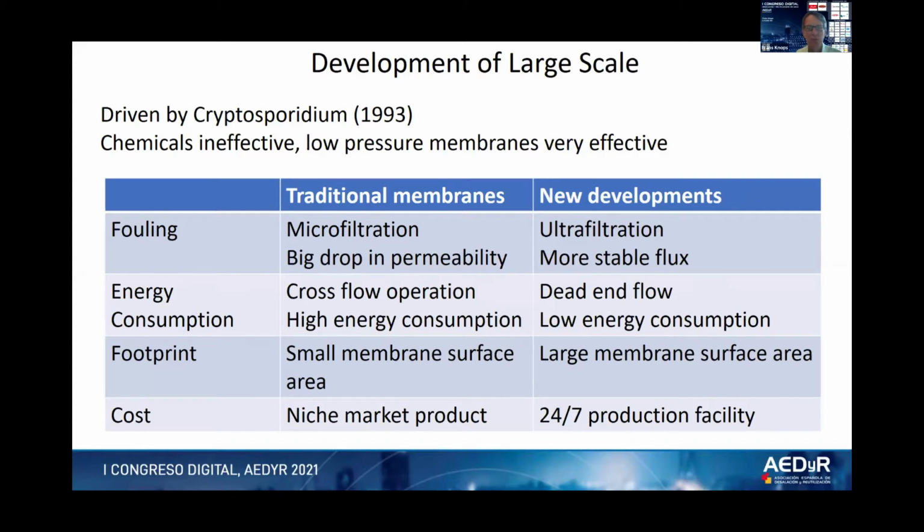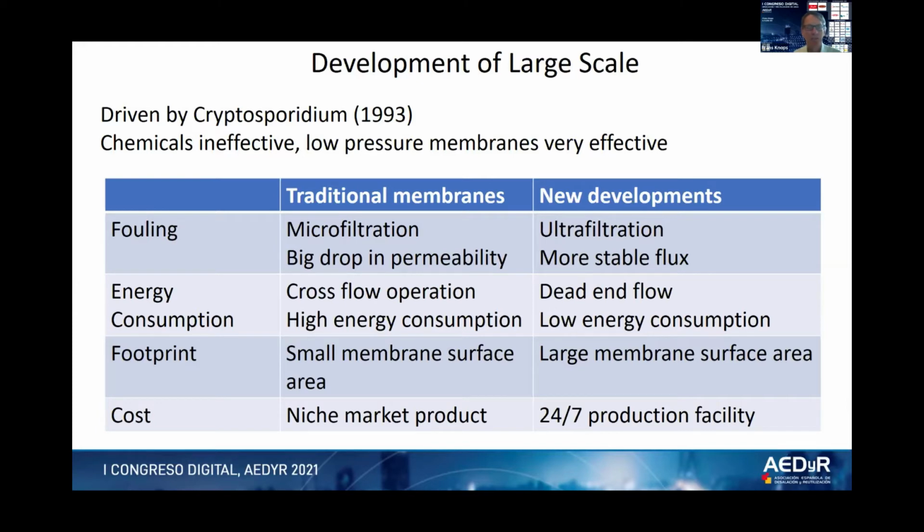And also the footprint was reduced because membrane modules now with very large surface areas per square meter of footprint were introduced. And last but not least, obviously, cost price goes down if you go for 24/7 production. So also manufacturing technologies improved to produce more membranes in the same factory, and in this way lowering the cost of the membranes.